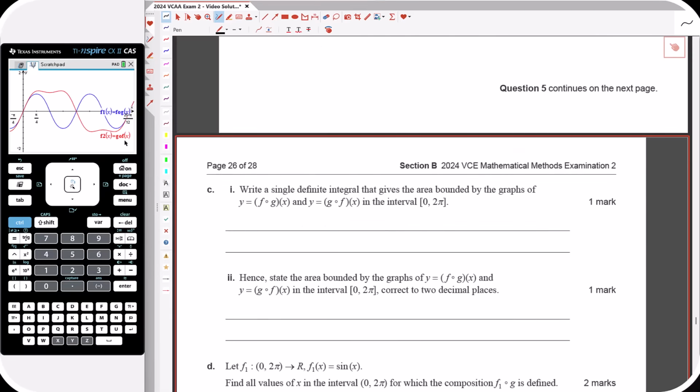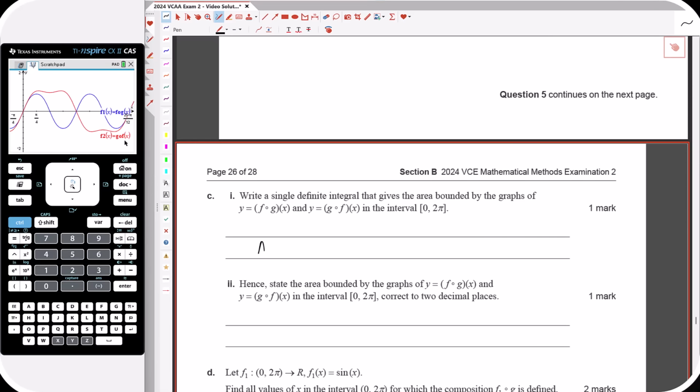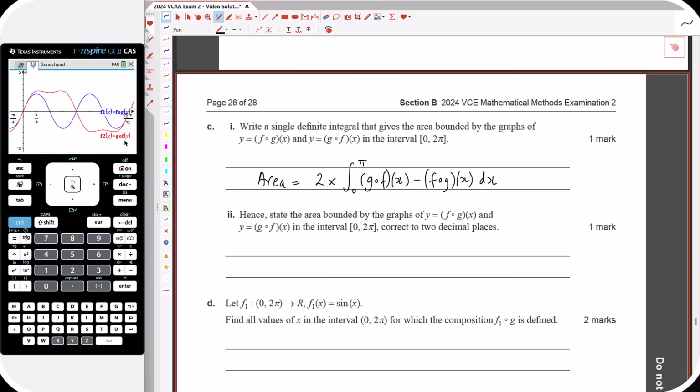The area is two lots of the integral from 0 to pi of g of f of x minus f of g of x. Obviously, you could double the integral from pi to 2 pi, which would be f of g of x minus g of f of x. But either way, you need just a single integral.